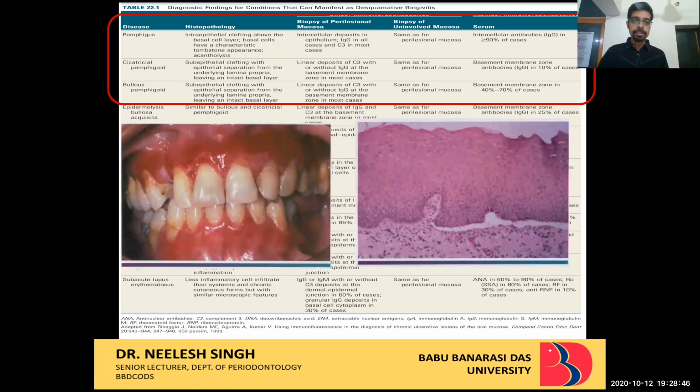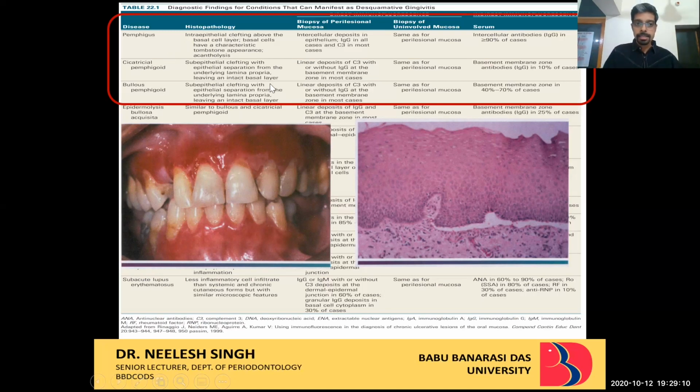Now, cicatricial pemphigoid and bullous pemphigoid are almost the same in the clinical features. Their histological findings are also the same. They are characterized by a subepithelial clefting. You remember in the pemphigus, I told you there is intraepithelial clefting, meaning the spaces will be present in the epithelium only.